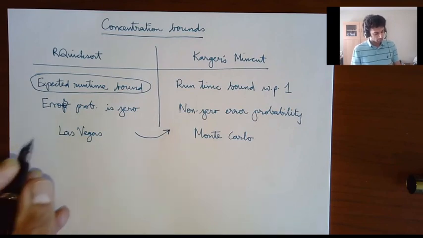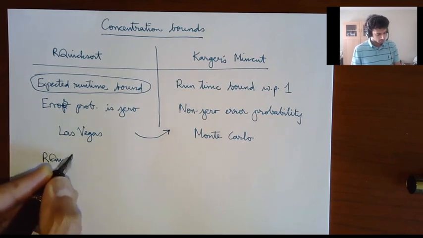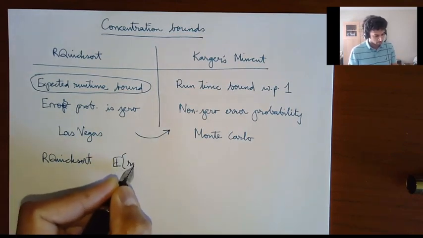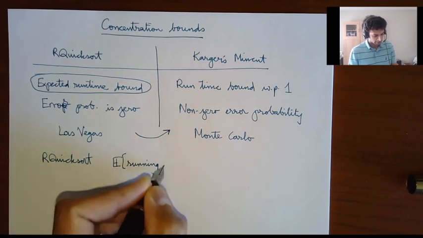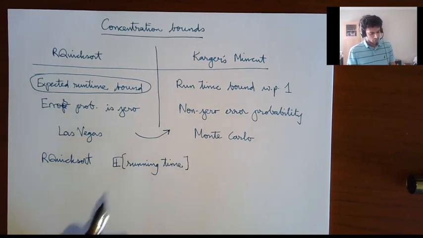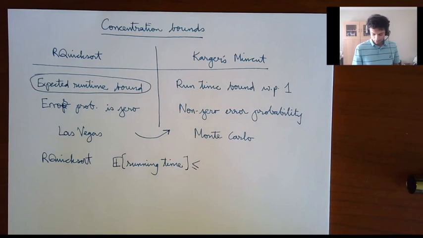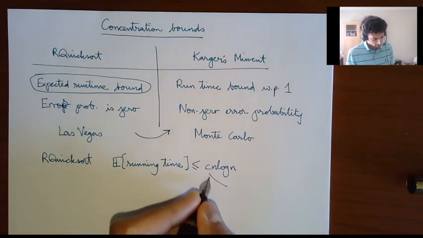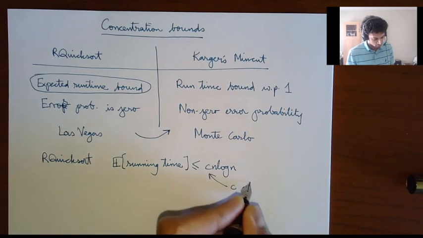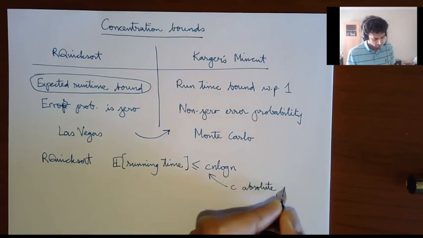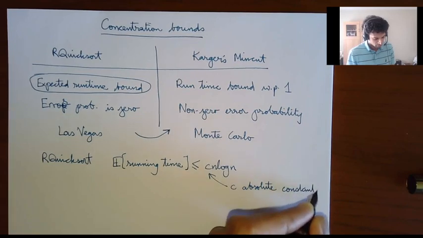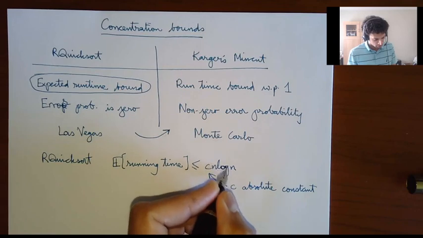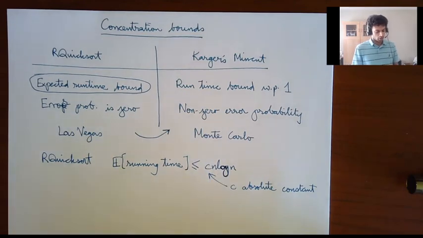So let's look at randomized quicksort. We said that the expected running time was at most c times n lg n, where c is some absolute constant and lg is log base 2.